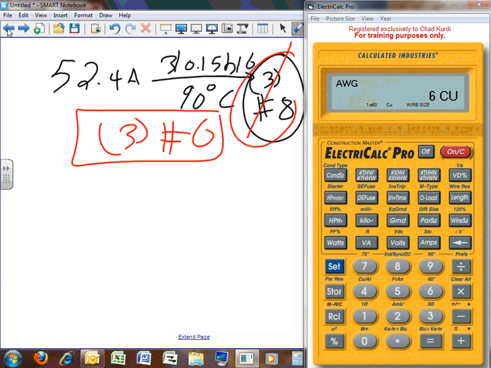You may end up with a smaller conductor, but never smaller than the normal condition. I don't feel comfortable using a smaller conductor because of temperature. Take it the normal way, the higher conductor, not lower.